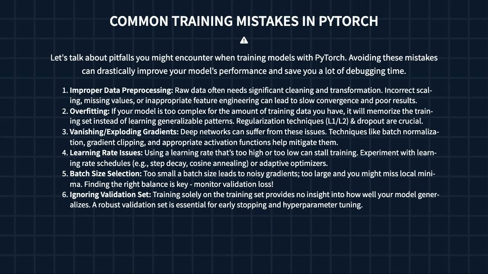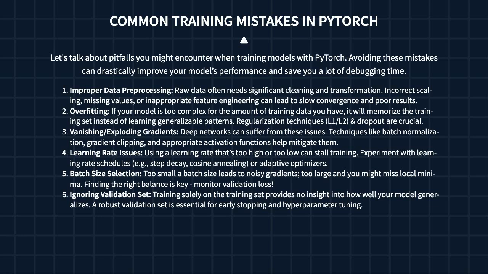Okay, let's dive into some common problems you might run into when training PyTorch models. First off, make sure your data is really clean. Processing it properly is absolutely vital. Then, be mindful of overfitting. If your model is too complex for the data you've got, it will just memorize it.